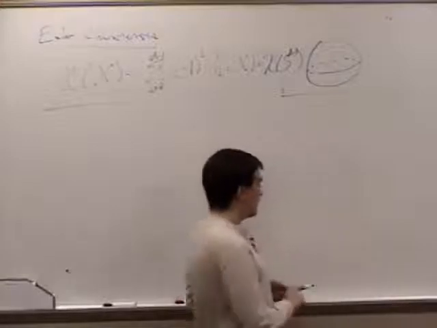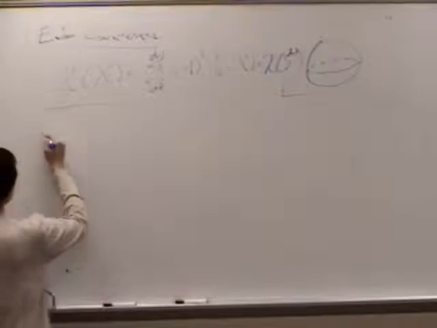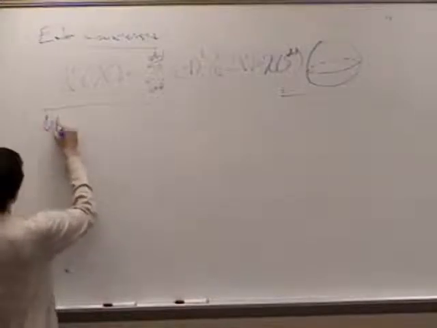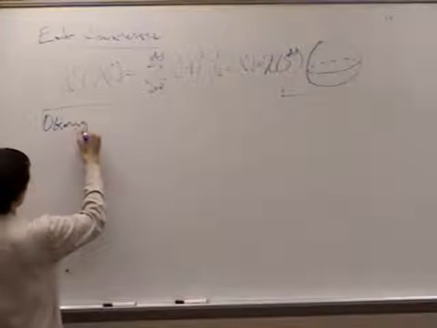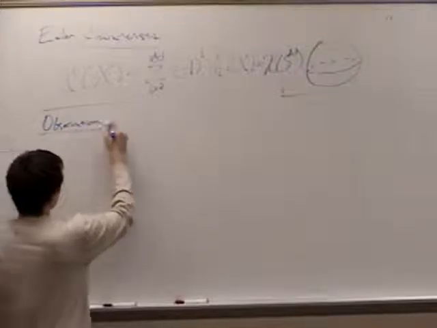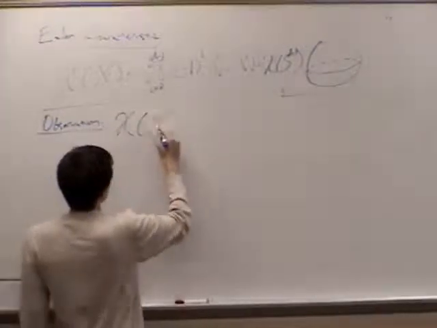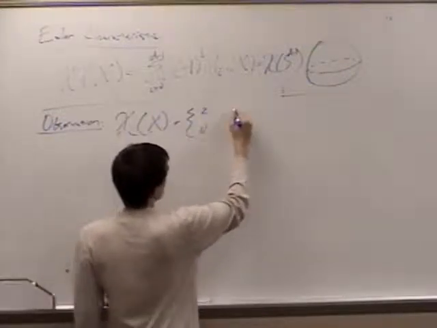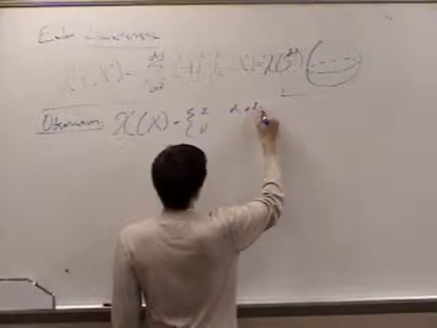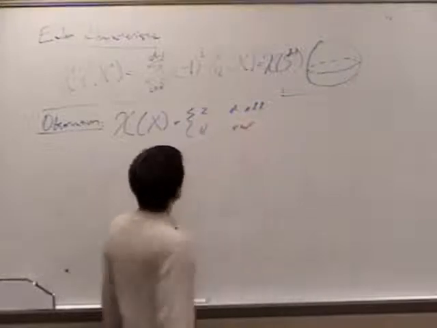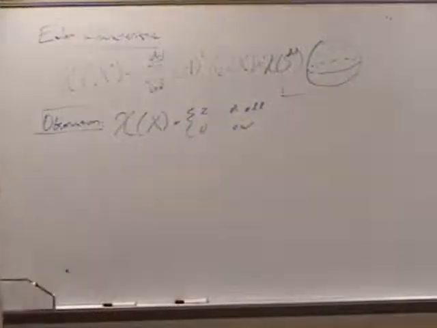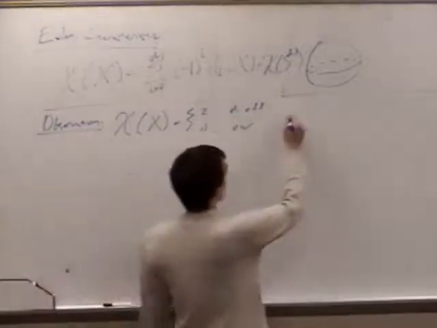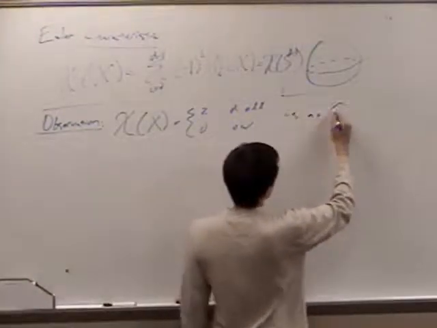And one important example of this is a simplicial complex. So I'll just say this right now. First observation is that g of x equals 2 or 0. Otherwise, it's an affine plane.